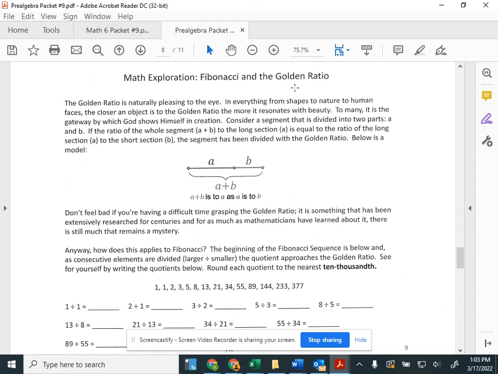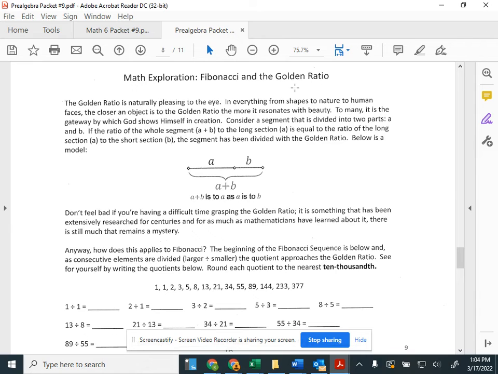With math, sometimes we give you an introduction to something and then we continue to build on it as time goes on and it starts to make sense. Are we going to understand math completely the first time it's introduced to us? No. So this is the first time we're learning about the golden ratio. It's not easy to understand it right away.